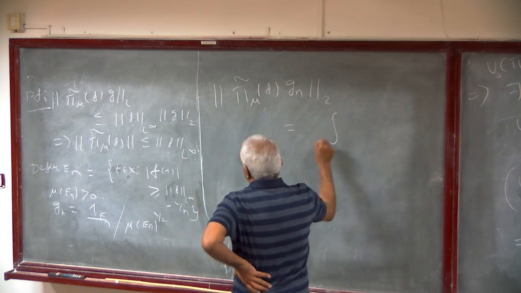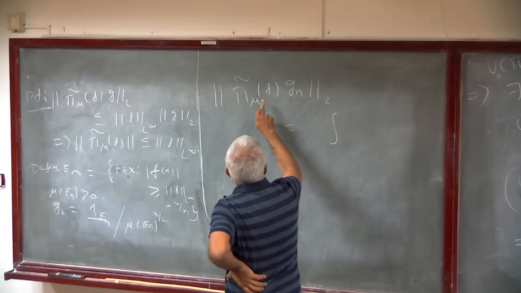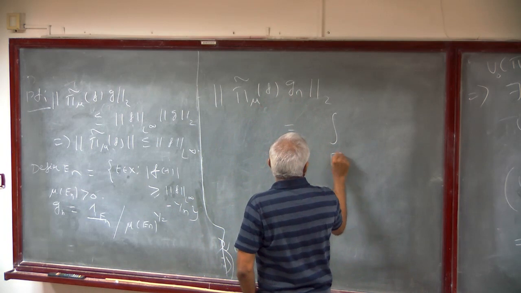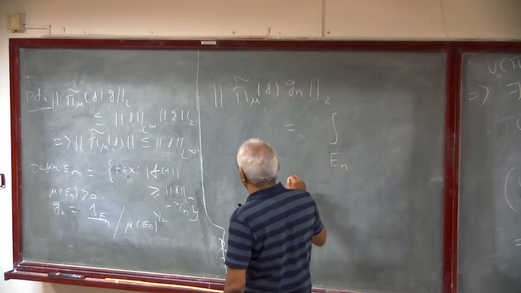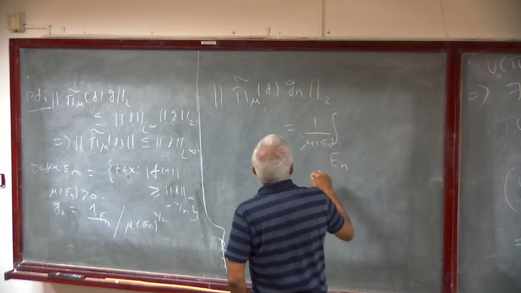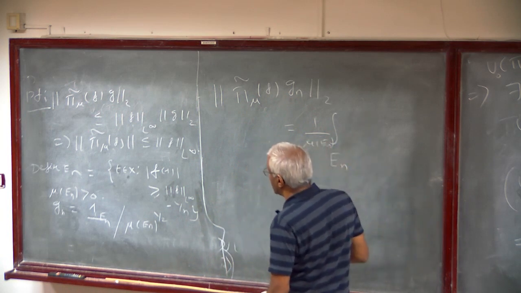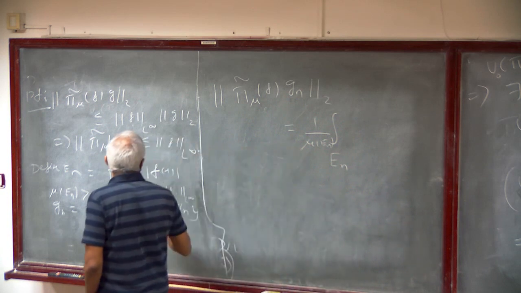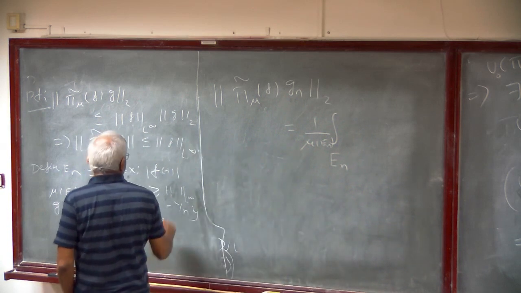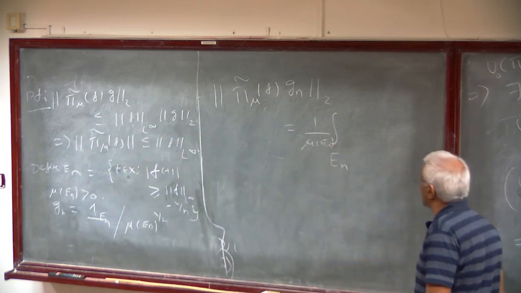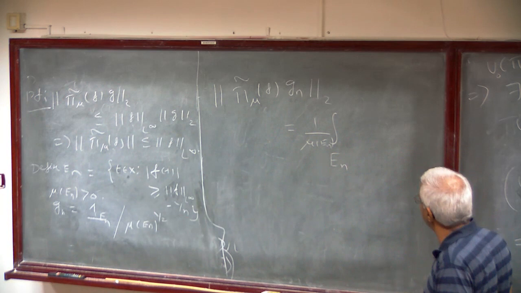We are just going to multiply F and Gn. Gn is 1 on En, so the integral will be over En only, and we get 1 by mu En. Sorry, this should be G. There is no extra G, G is what we defined.